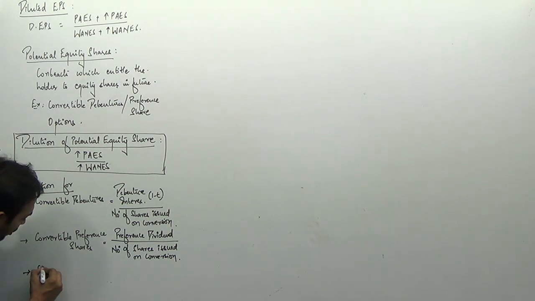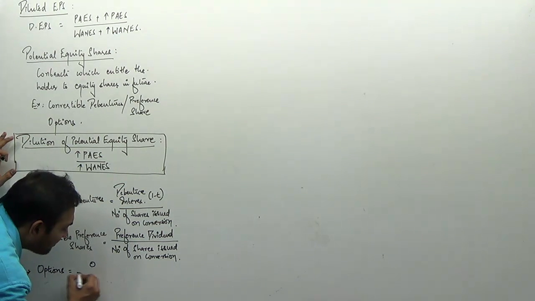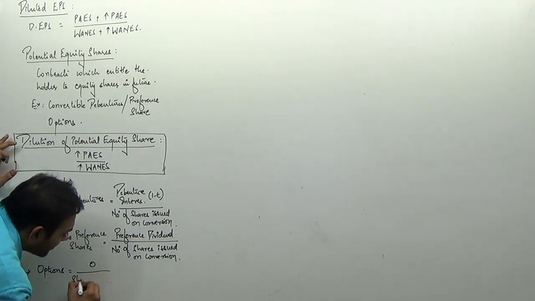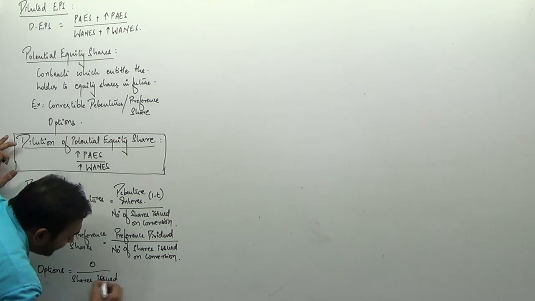I'm also talking about options as one of the potential equity shares. In the case of options, what is the increase in PAES? Nothing. Divided by shares issued on exercise of options.